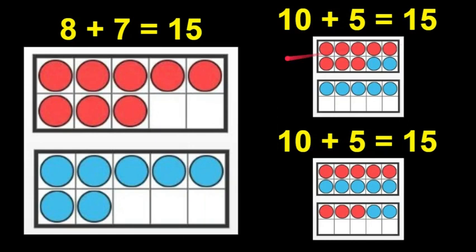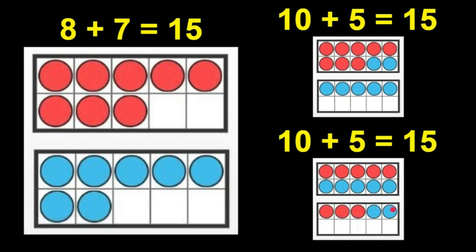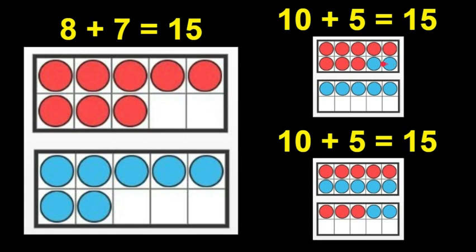Some of you might have seen the top 5 and the top 5 from the blue dots, and then you might have combined them to make a 10, and then put the 3 dots with the 2 dots to show you got 15. Others of you might have moved 2 of the blue dots up to make a 10 on this picture, and then 10 plus 5 is 15. No matter what, 8 and 7 equals 15.